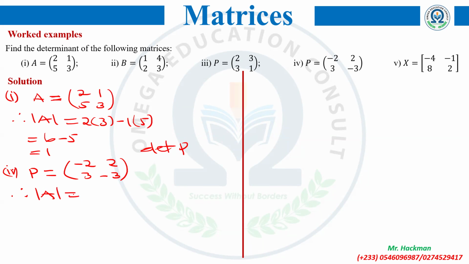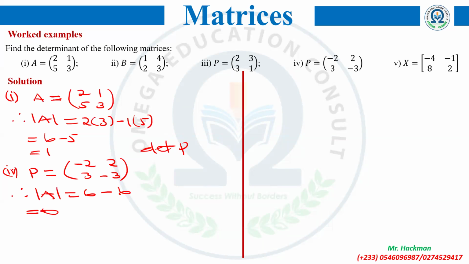So now this will be equal to negative 2 times negative 3, which will give me 6. I'm doing this one mentally. Then minus 3 times 2, which is 6. So the determinant here will be equal to 0. Yes, please.